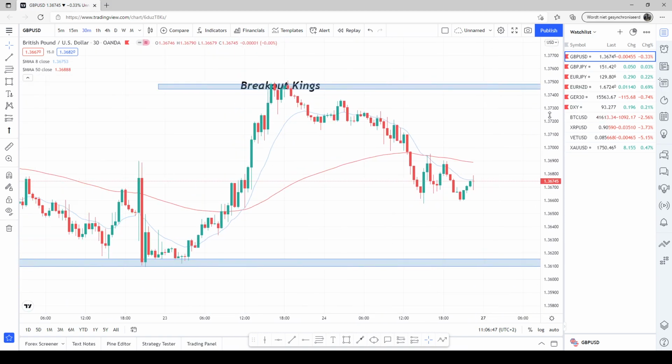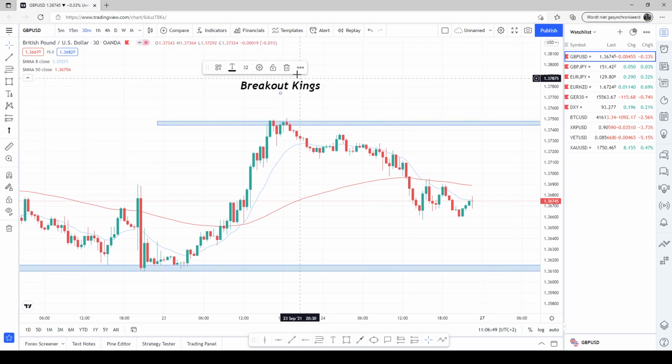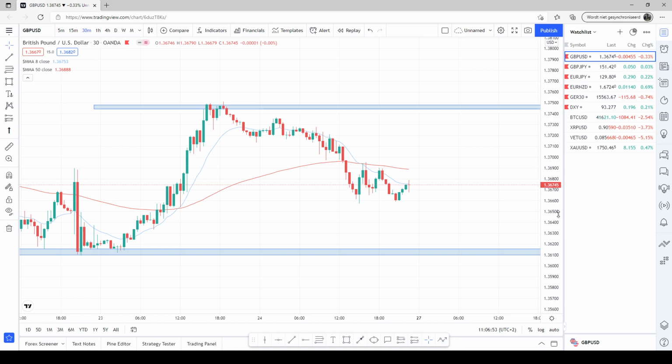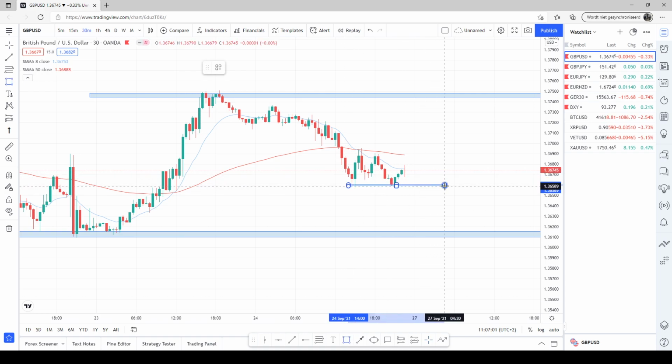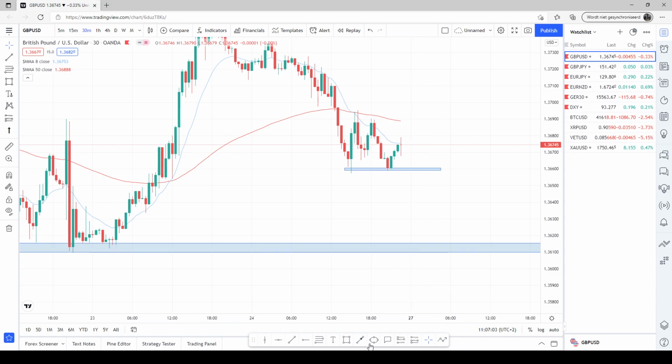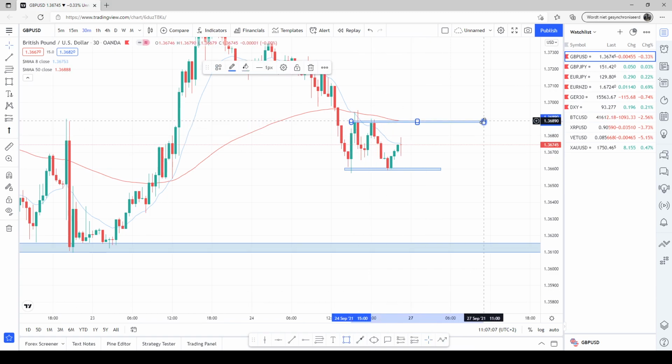Now I go to the 30-minute time frame. Sorry, let me just remove this. So on the 30-minute time frame, you can see we have a beautiful area over here with the zone at the bottom and the zone at the top.